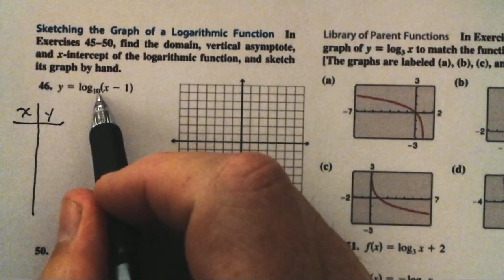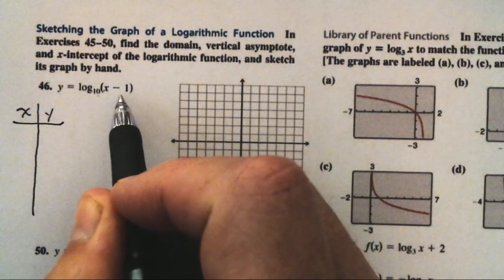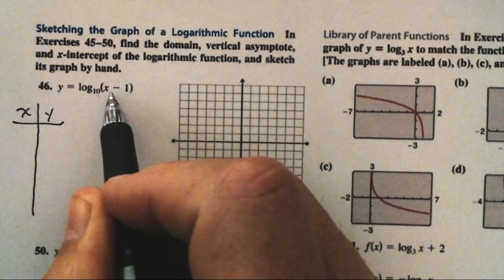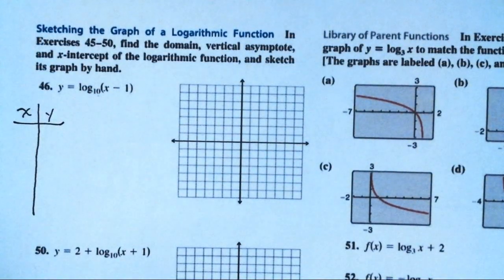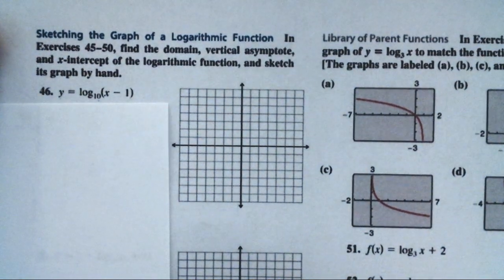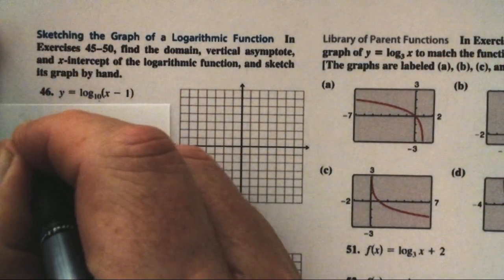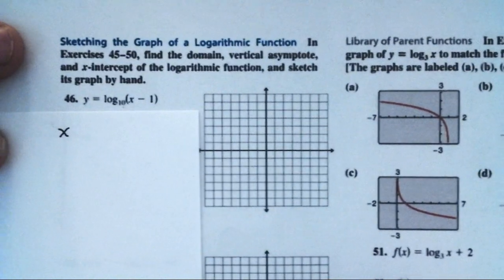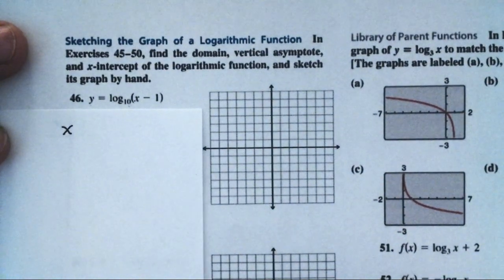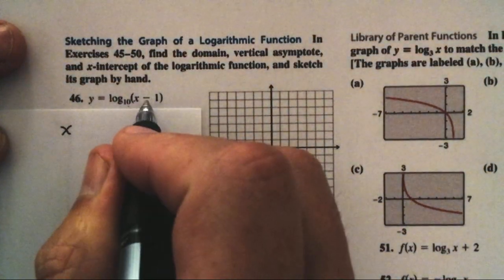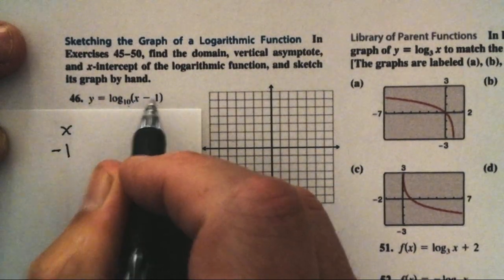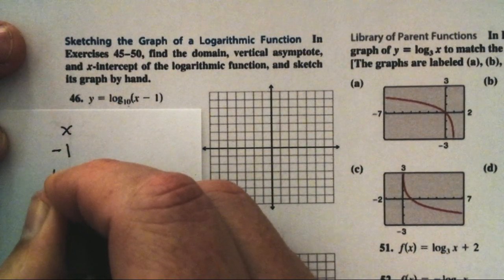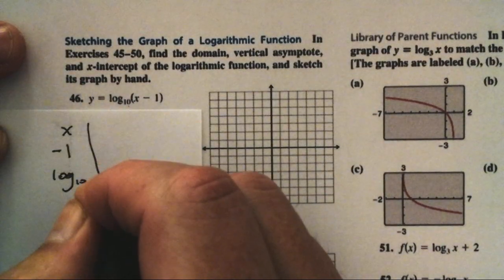See, 10 raised to a power has to be x minus 1. So I want to choose values, and I wish I wouldn't have written that right here. I'm going to go back and just cover this up. I want to choose values for x. Follow me here. This is something new, and it's a technique that I really like for these purposes. I want to choose a value for x. I want to subtract 1 from it, and then I want to take log base 10 of it.